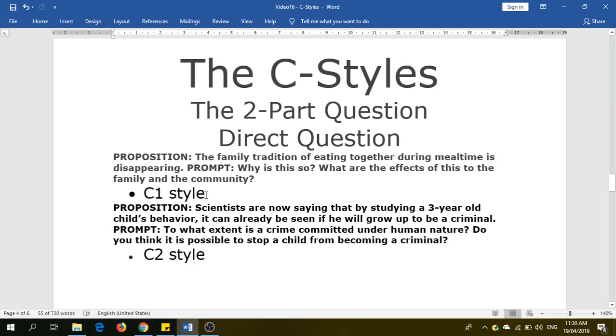But again, the warning is there is the C1 style, and these are the essays where you just answer the question directly, as exemplified in that question prompt over there. But there's also what we call the C2 style, wherein in answering the question you will have to cross over to the opposing side of the issue. And remember, when there is a crossover, there are only four ways to resolve the crossover: either using the A2 style, B1, B2, and B3 style.